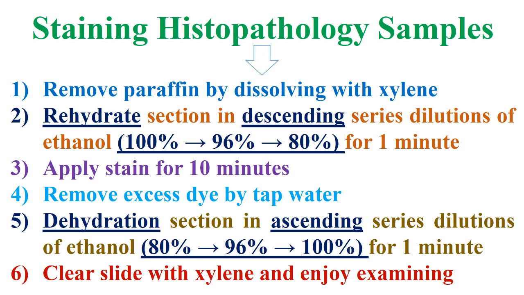Apply stain for 10 minutes. 4. Remove excess dye with tap water. 5. Dehydrate the section in an ascending series of dilutions of ethanol as follows: 80%, 96%, and 100% for 1 minute. 6. Clear the slide with Xylene and enjoy examining with the microscope, as mentioned in the next slides.